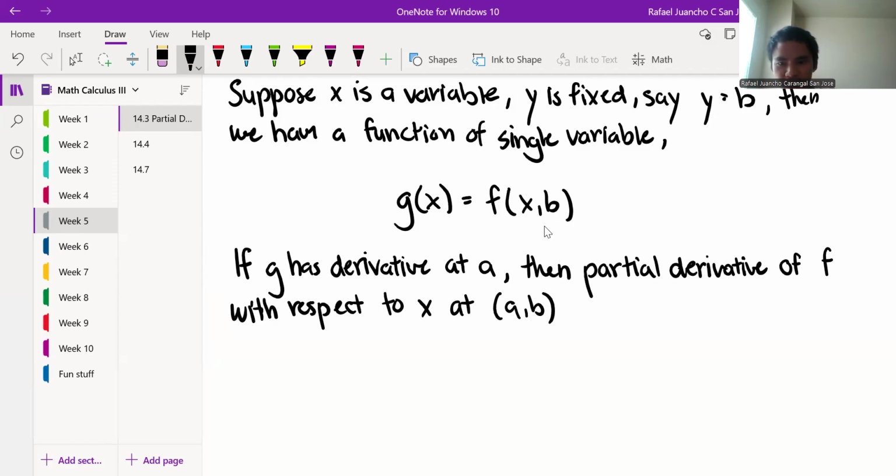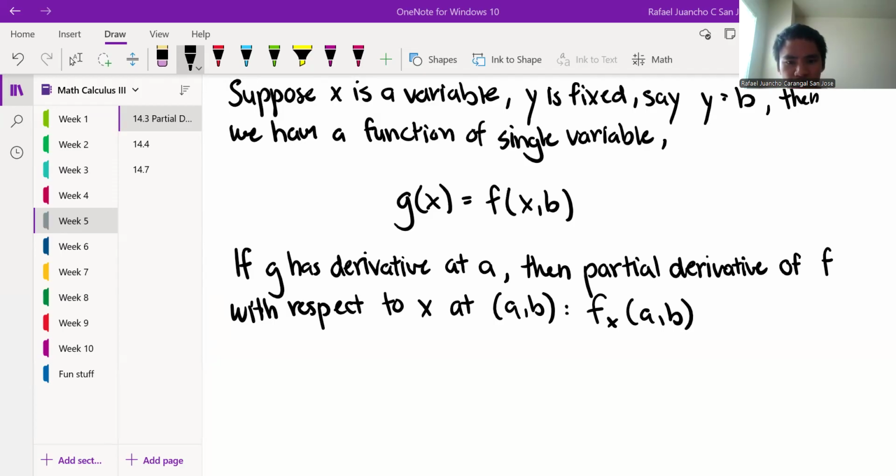So that's going to be f sub x of a, b, right? Initially there was an example here that focuses on limits, but it's really just going through the limit definition. So I'm not going to dive deep into that anymore.